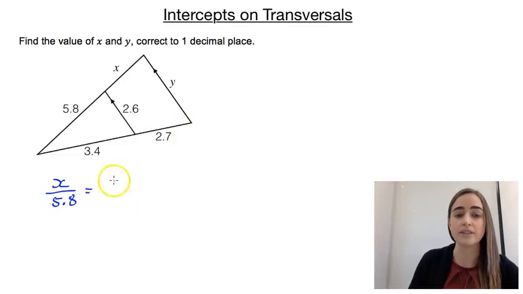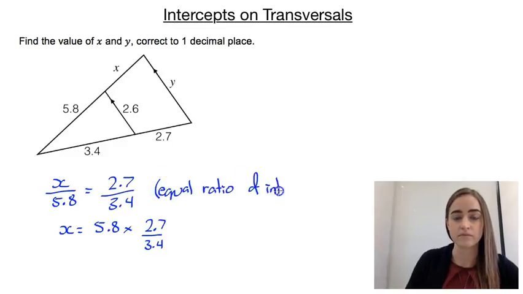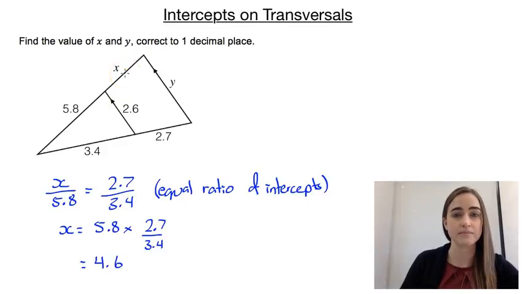So that would be our 2.7 over 3.4. So that means to find the value of x, we would multiply both sides by 5.8. So we'd have 5.8 times 2.7 over 3.4. Sorry, the reason we should have there, we should always write reasons, is ratio of intercepts. Okay, and if we put that into our calculator, we'll end up with 4.6. So x is 4.6 units.